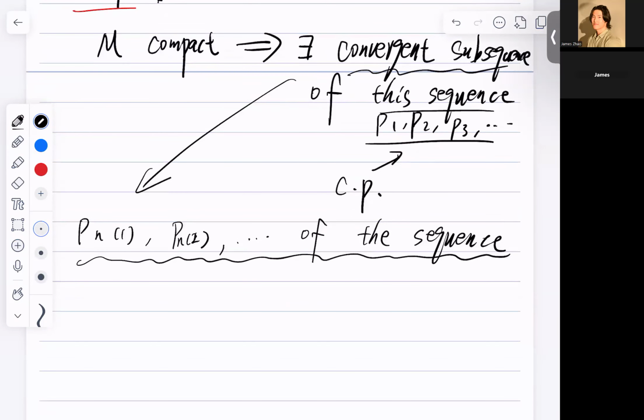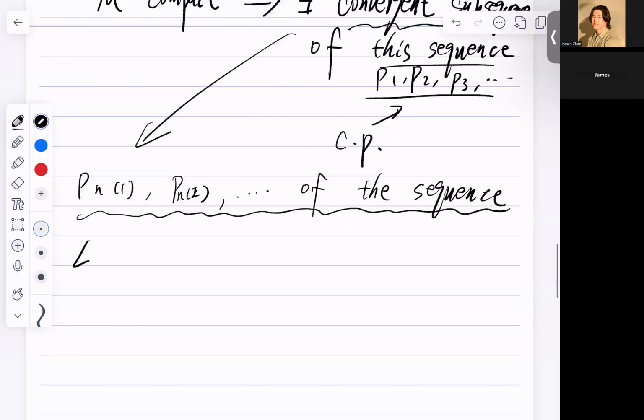And then let P naught be its limit point. Limit point is also a very important concept. All those points P1, P2, P3 converge to that one point, and P naught is the point that it converges to.